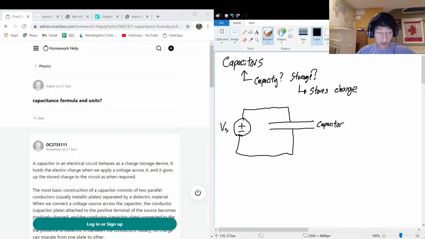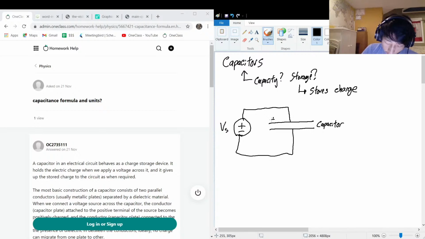Imagine that these two calculators are the parallel plates. They're very close together, and when you have a voltage across them, some charge accumulates on the individual plates. Let's say the blue calculator is the positive terminal and purple is the negative terminal. Positive charges accumulate here and negative charges accumulate here, and there's going to be a potential difference between the plates.